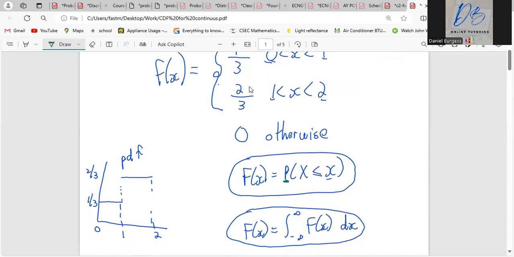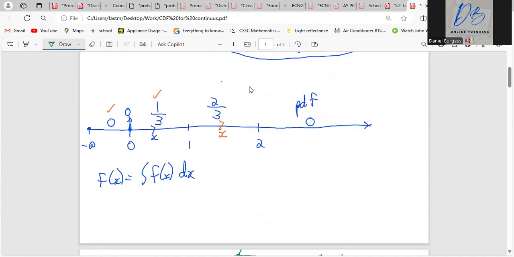So you integrate the PDF to get the CDF, but you have to do it cumulatively, which means you have to add up the areas before it. So what we did, we drew up a line so we could see what the graph will be in between each bound, between 0 and 1 and 1 and 2, which is what they gave us. Between 0 and 1 it was a third, and between 1 and 2 it was 2/3.